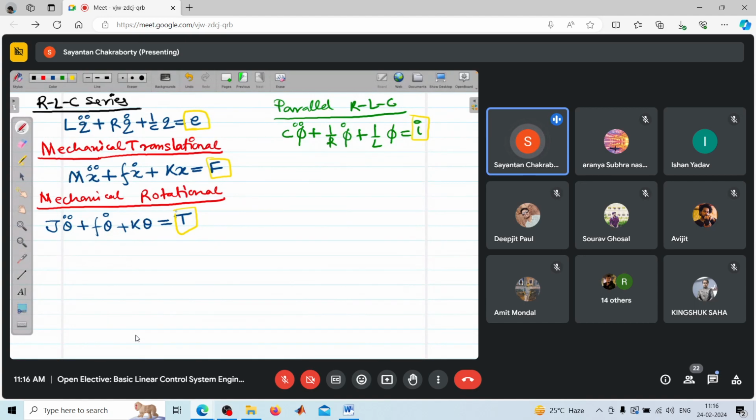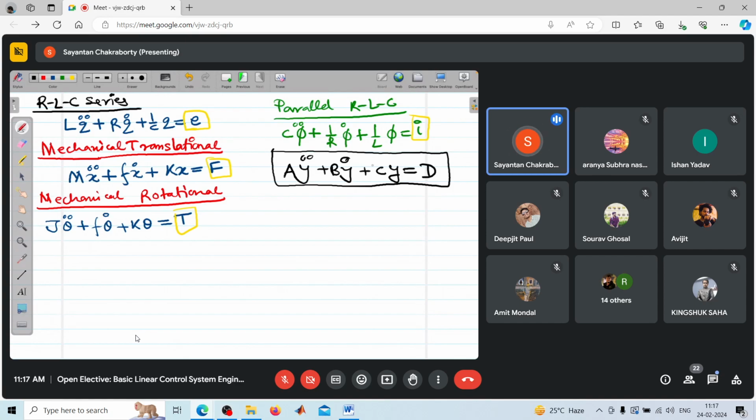And just by simple observation, you can say that all these four differential equations have a similarity: they can each be represented in the form a y double dot plus b y dot plus c y is equal to d, where a, b, c are constants, d is the driving function, and y is the variable associated.